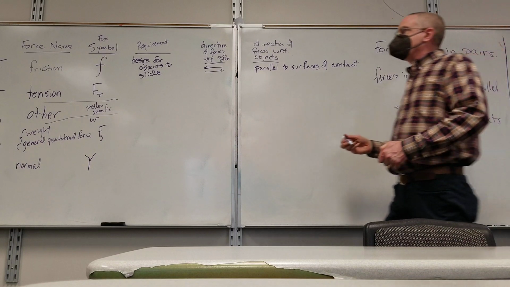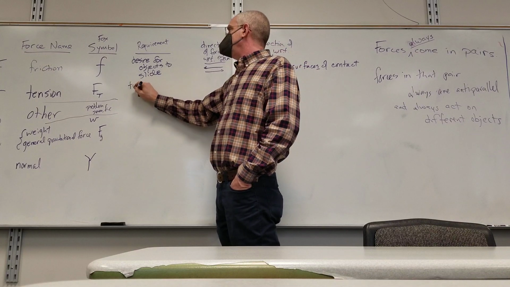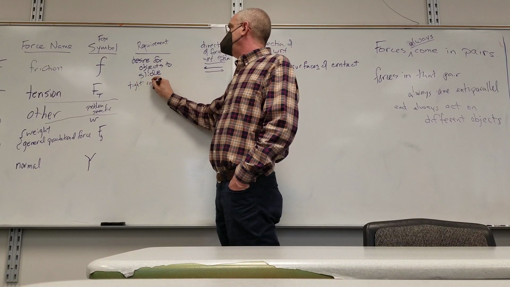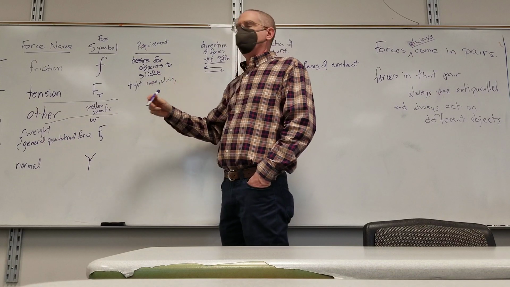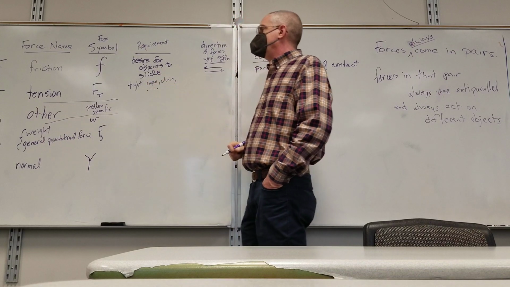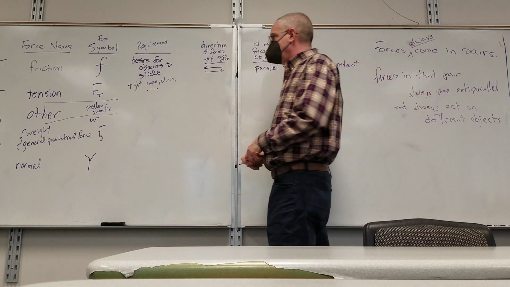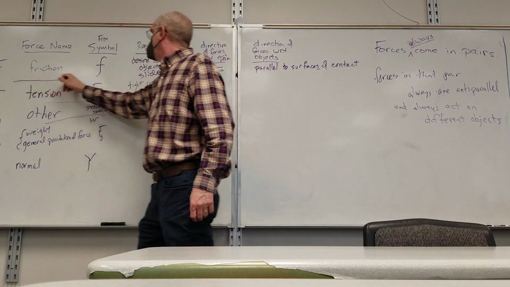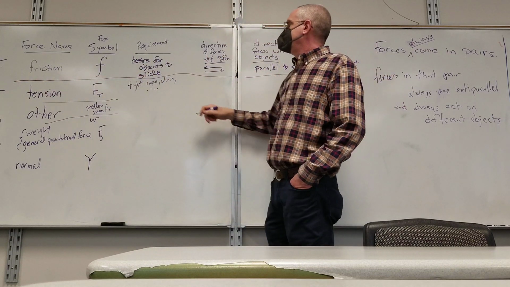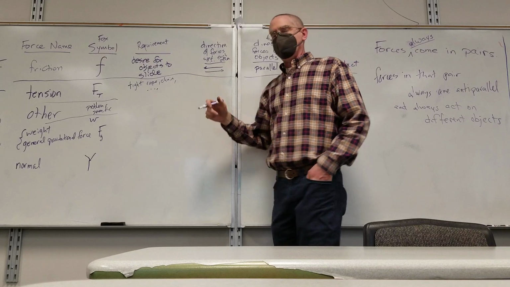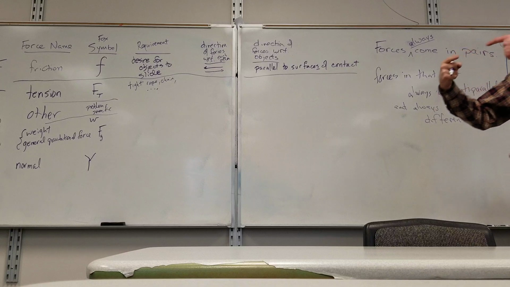All right, tension. The requirement for tension is a tight rope, chain, string. Basically, it's a pulling force. And since forces come in pairs, if I've got a force diagram, I got my two tensions there.